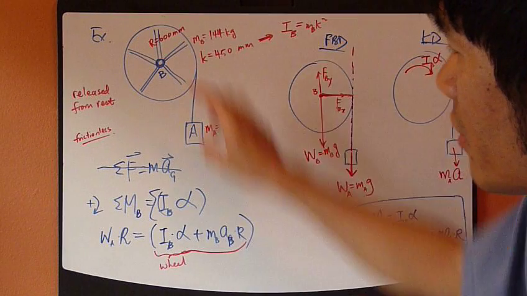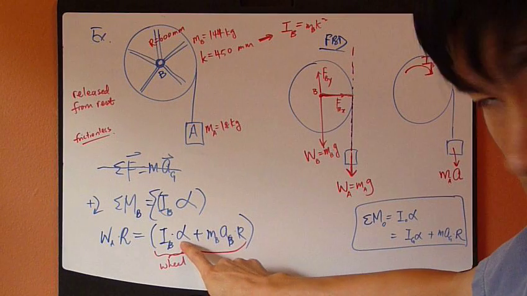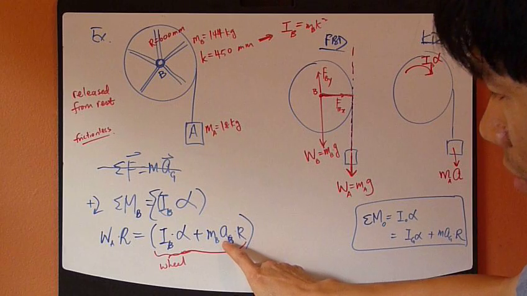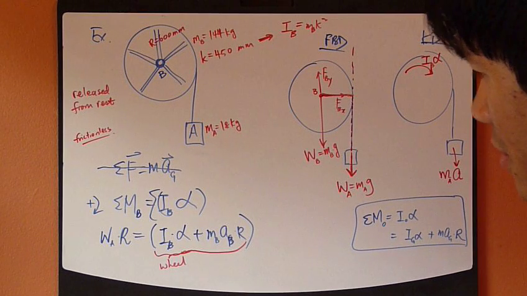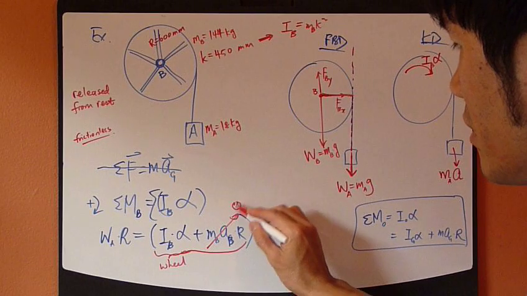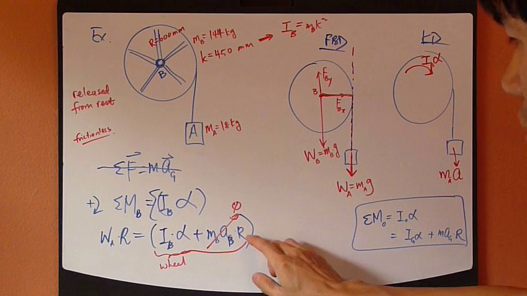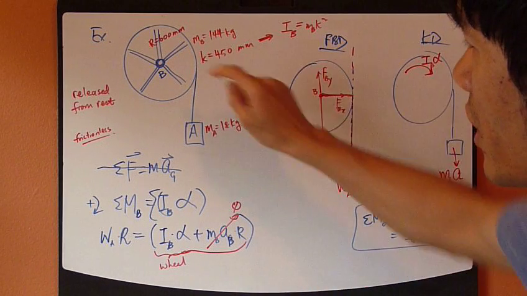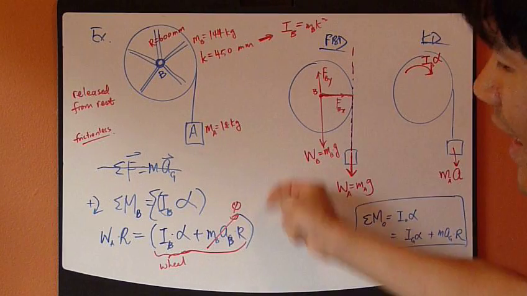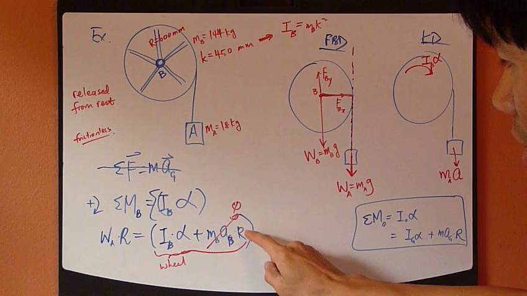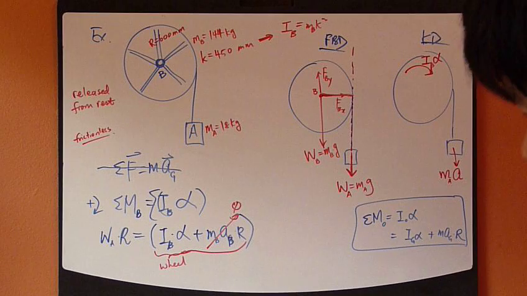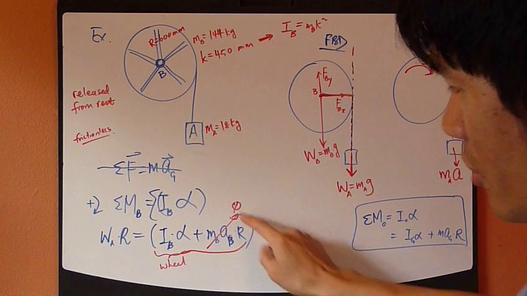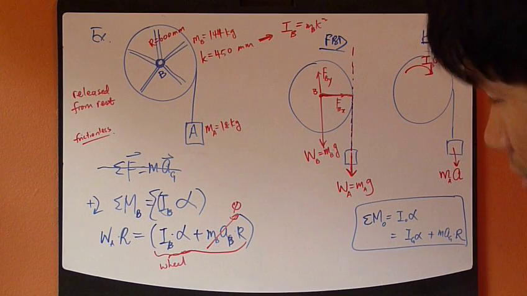So this wheel has an alpha, but it does not have linear acceleration. This is 0. And also R is the distance between the center of gravity and the point you take moment about, and they are the same point, therefore R is 0.